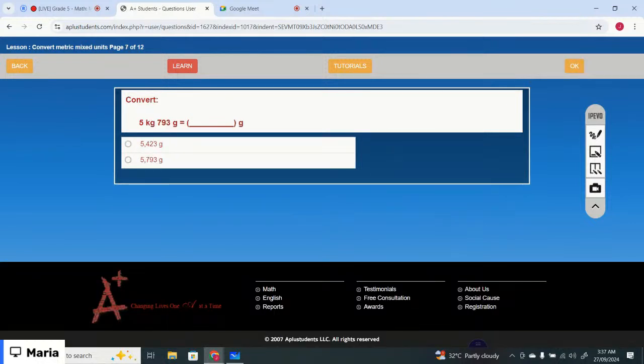5 kilograms 793 grams, which is the correct option?